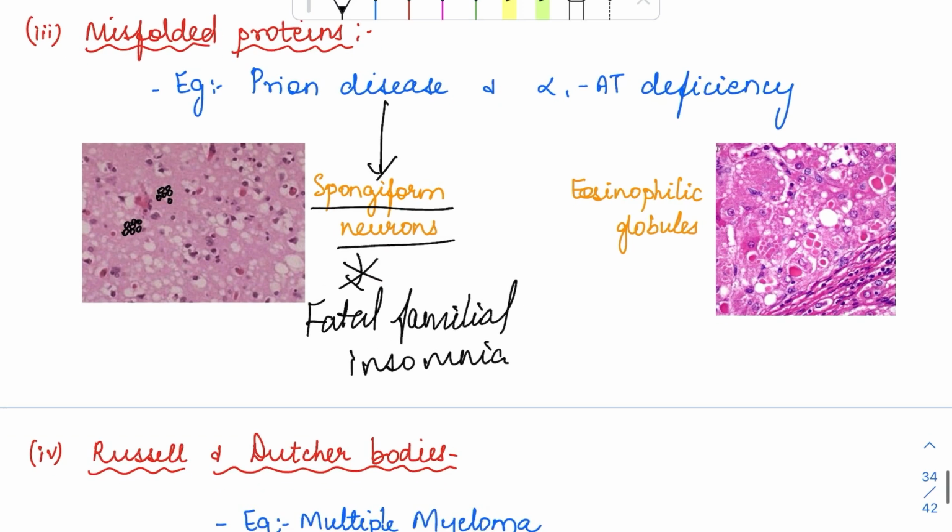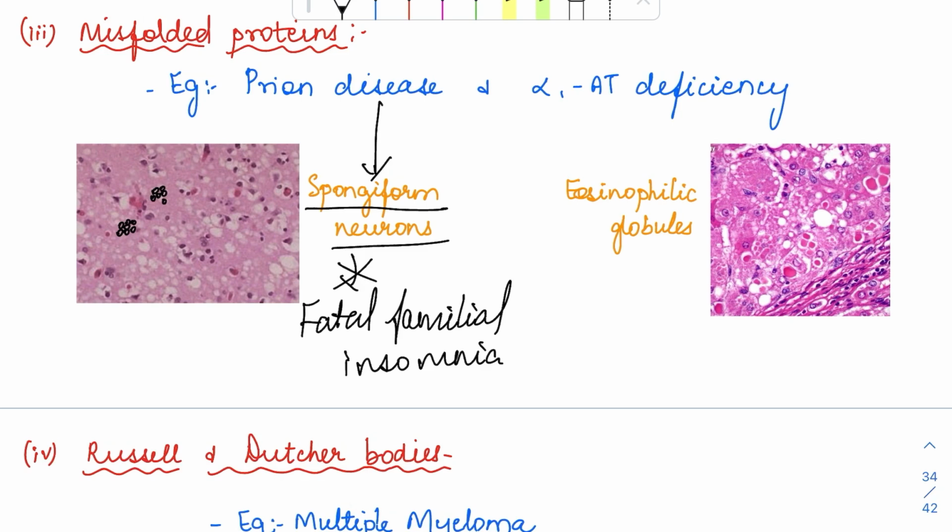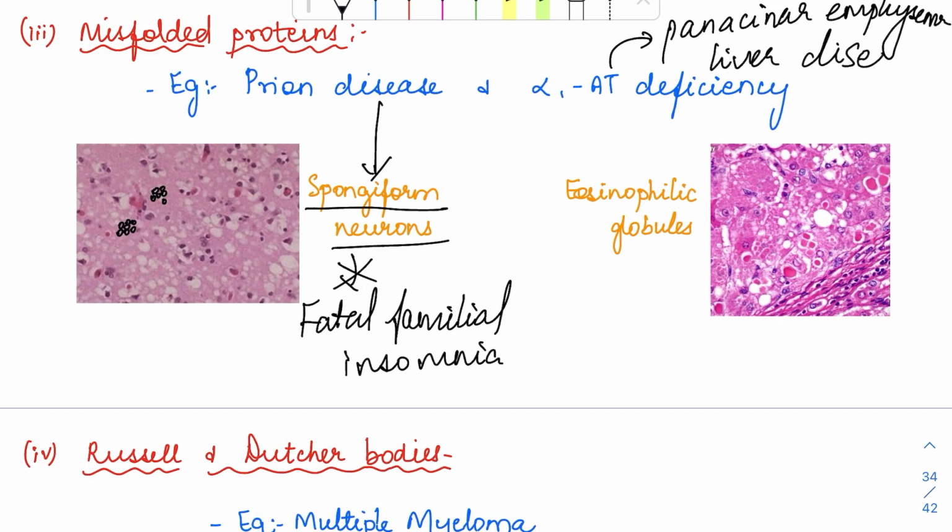In alpha-1 antitrypsin deficiency, alpha-1 antitrypsin is a protease inhibitor enzyme. When there is a deficiency of this enzyme, the protease activity will be uncontrolled, which will lead to damage. It leads to pan-acinar emphysema in the lung, and in the liver it causes liver disease leading to cirrhosis.